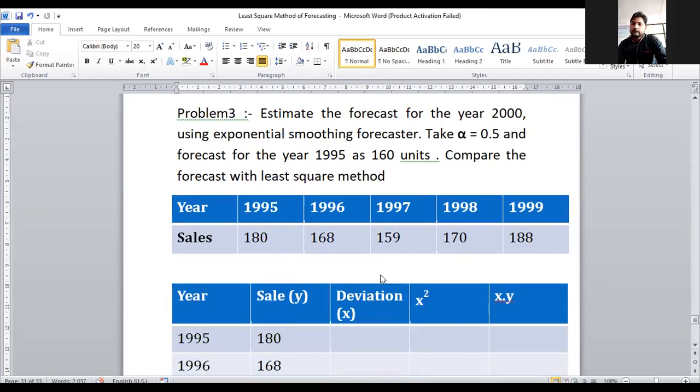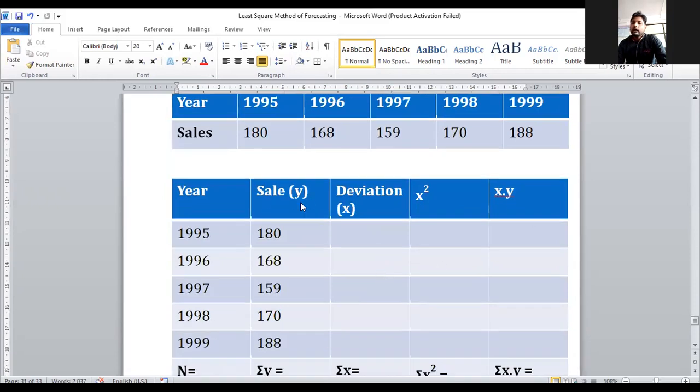First of all, we apply our least square method for the given data. As we have used this method and solved quite a number of problems on this methodology, I think you are user friendly with that method, so I will not spend more time on it. If you have any doubt, you can ask.